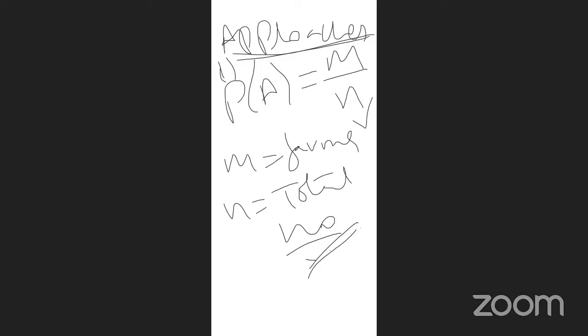The second approach we have is the relative frequency approach. The relative frequency approach is also called the statistical frequency approach, or the empirical or posterior probability. It is also called statistical probability. It is based on the relative frequency of occurrence.